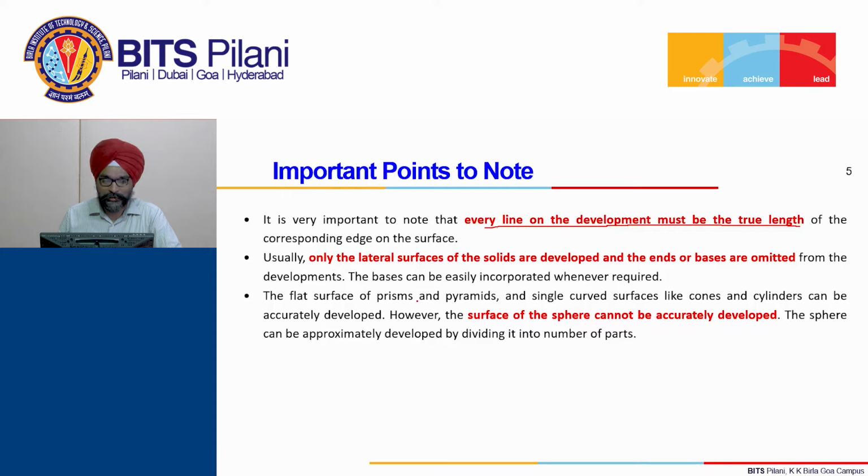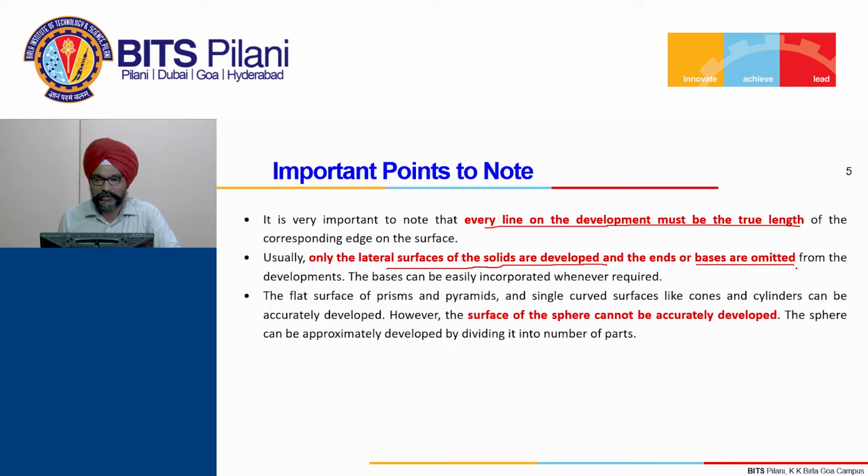Then you have the point that only lateral surfaces are generally developed, as I mentioned in the beginning itself. Ends or bases we can develop, but mostly they are omitted from development, because they do not need to be manufactured from the same piece of metal.